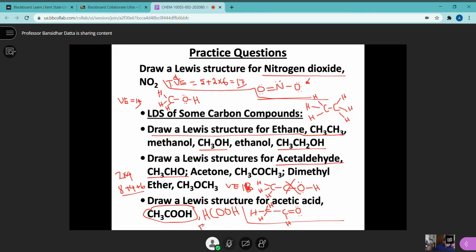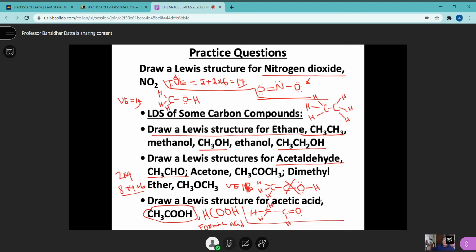Then try formic acid at home. At home, you do the ethanol, you do the acetone, CH3COCH3, dimethyl ether, and also formic acid.